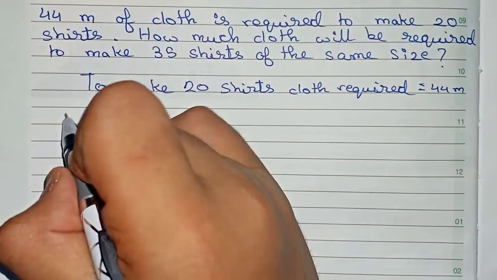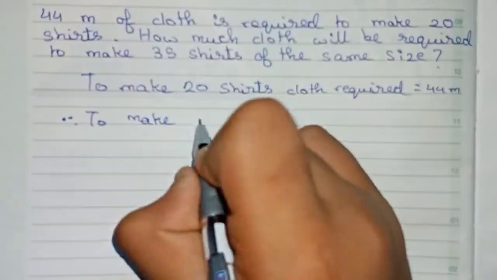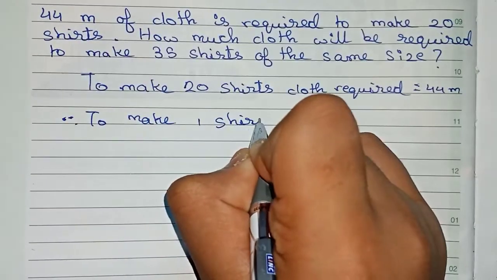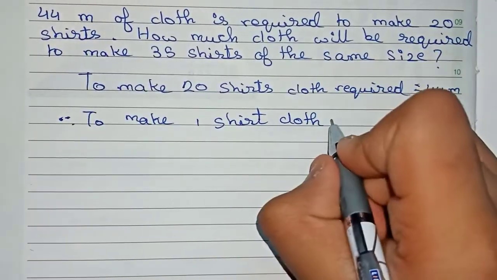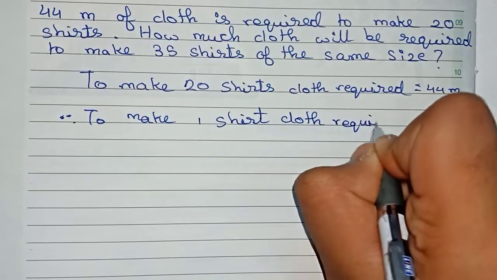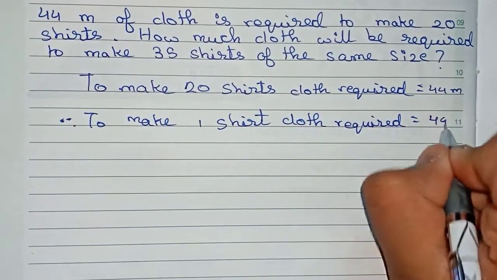So now you write, therefore, to make one shirt, cloth required equals, now 20 will go for division, so it becomes 44 by 20.